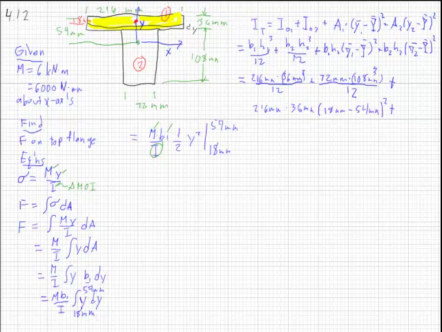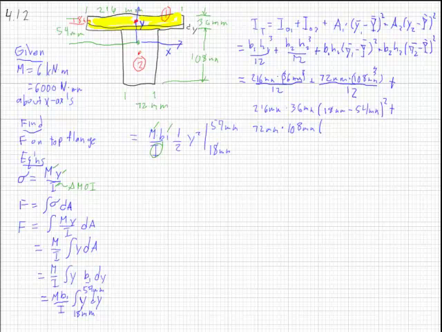Now we have to enter in the parallel axis term of the second section, and we have the base 2 and the height 2 again, 72 millimeters times 108 millimeters. But now what's this difference? Big Y bar is 54 millimeters from the top, but what's the distance of the centroid of the second portion from the top?